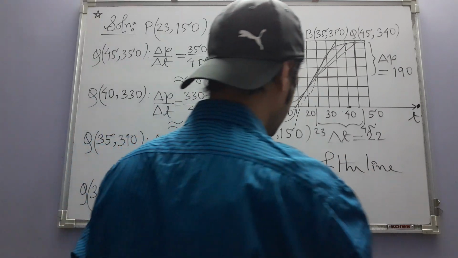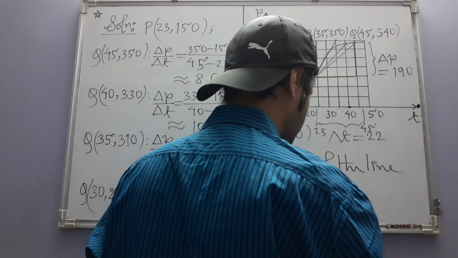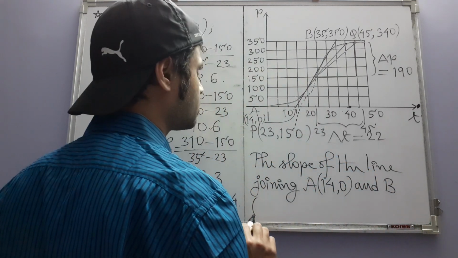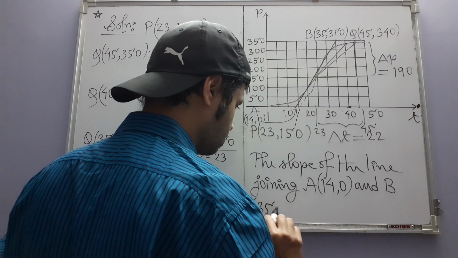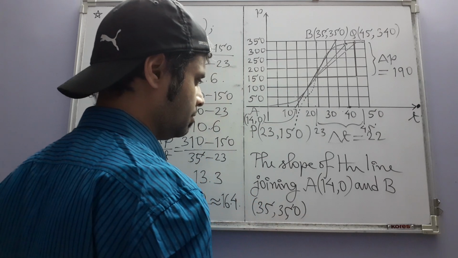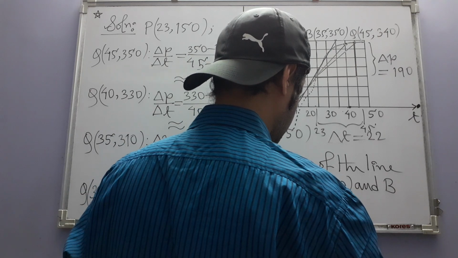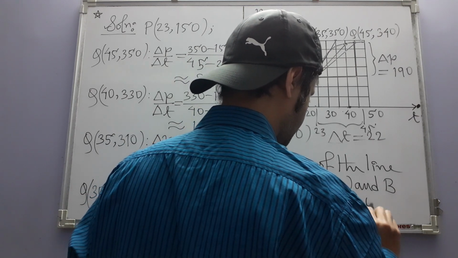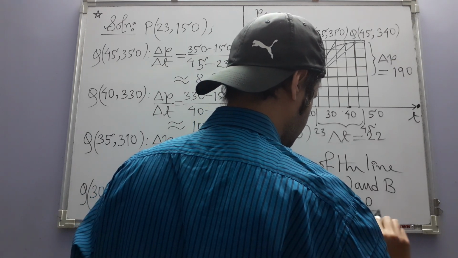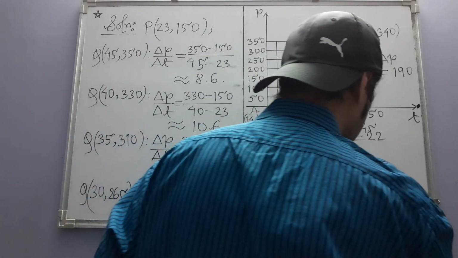You understand, joining A 14, 0 and B 35, 350 is 350 minus 0 divided by 35 minus 14, which is approximately equal to 16.7.